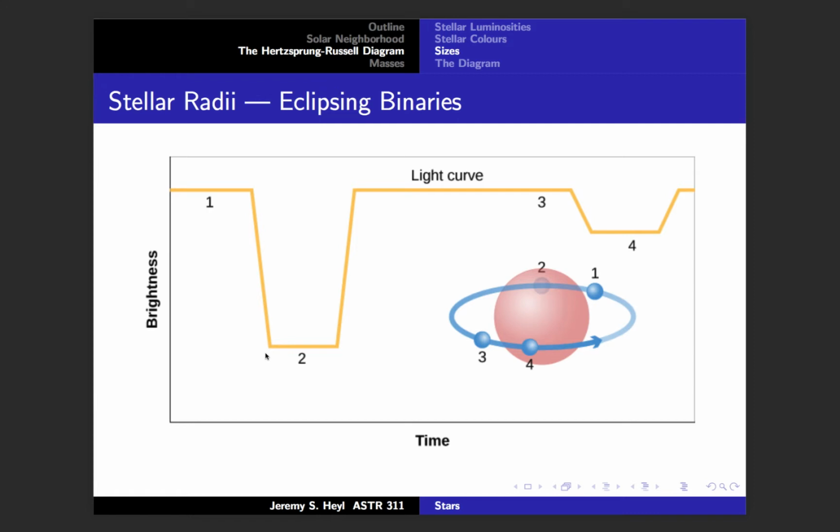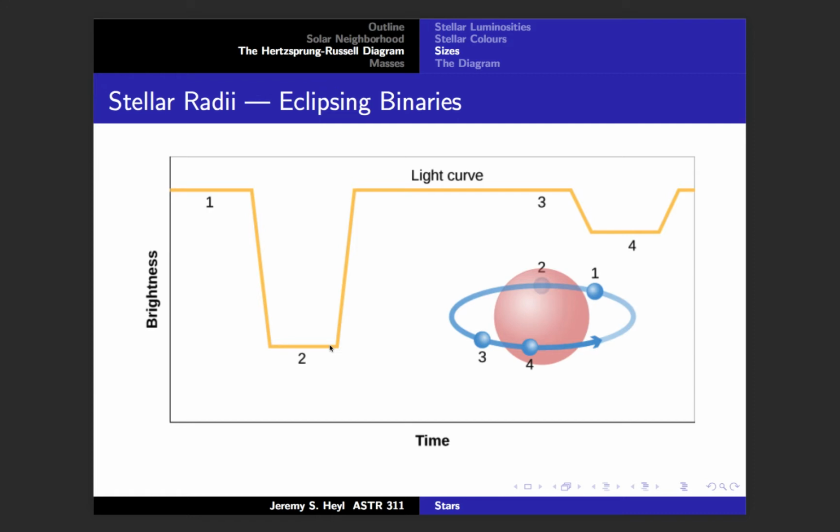Okay. When the small star goes behind the big star, the light goes down a bit. How long it takes to drop down is related to the size of the blue star. Every little bit of the blue star is a smaller area, but brighter than the red star.